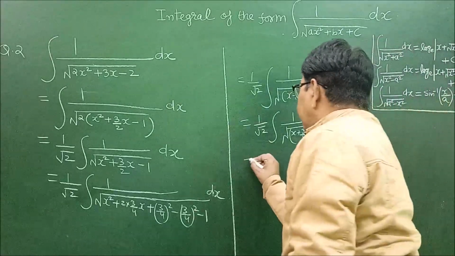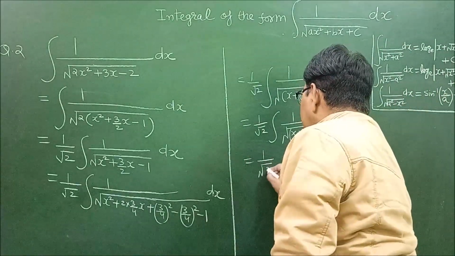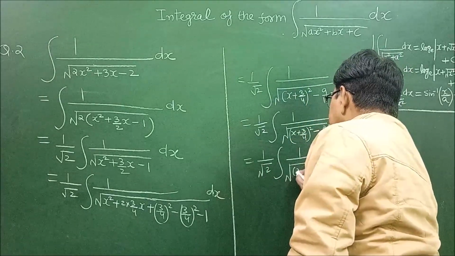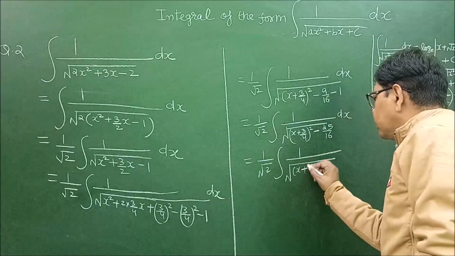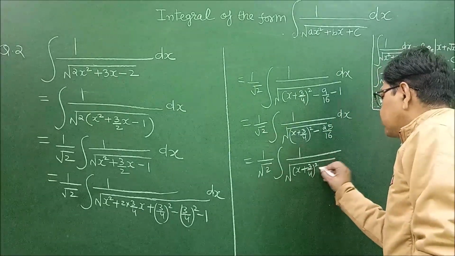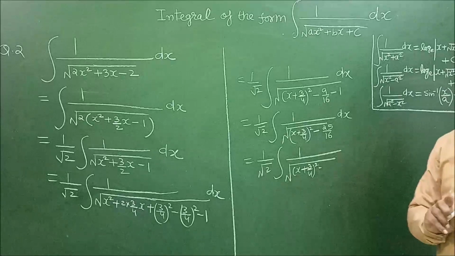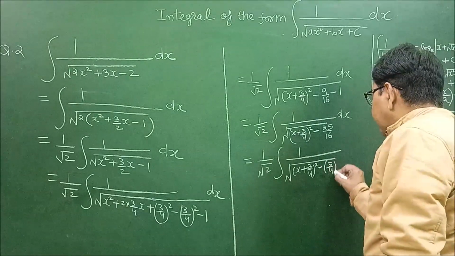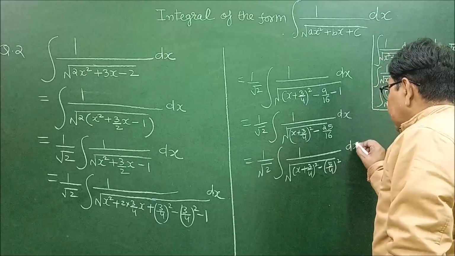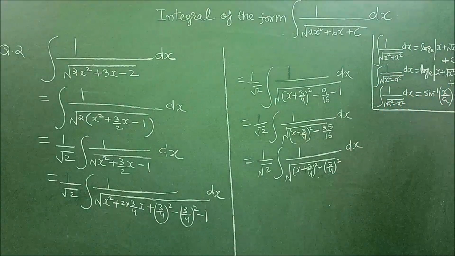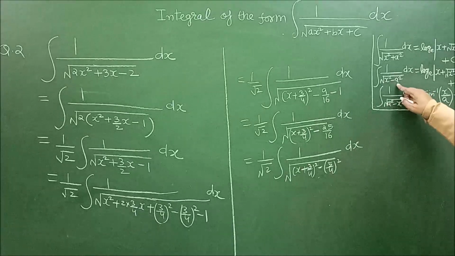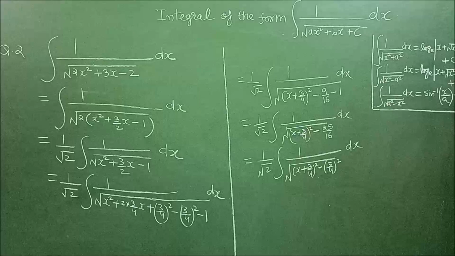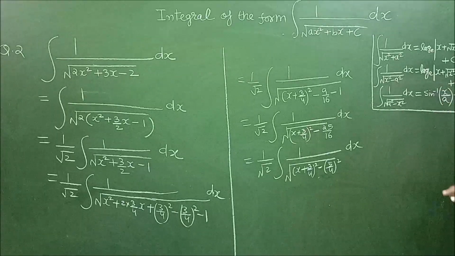Which is equal to 1 upon under root 2 integral of 1 upon under root of (x + 3/4)² minus 25 upon 16, which is the square of 5 upon 4, (5/4)² dx. Now this integral has taken the form 1 upon under root x² minus a², which is equal to log of x plus under root x² minus a², base e, plus c.